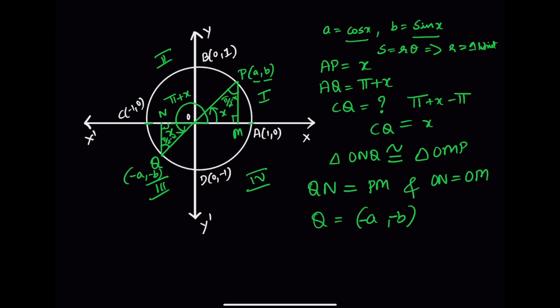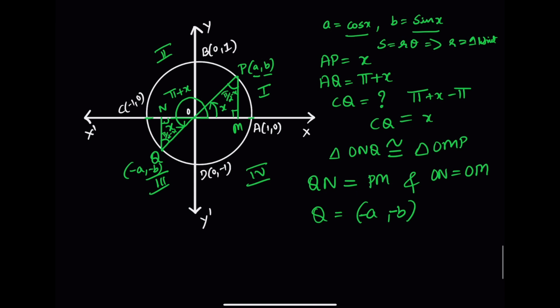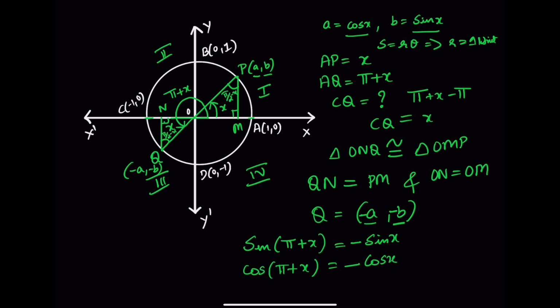So in this case, if the coordinates are negative, we will have sine of pi plus x equal to minus sin x, because the value remained the same but the sign changed to negative, it is minus b, and cos of pi plus x is minus cos x because it is minus a.